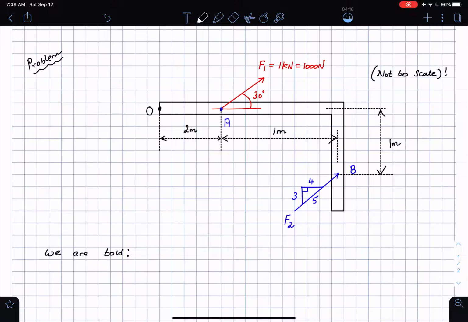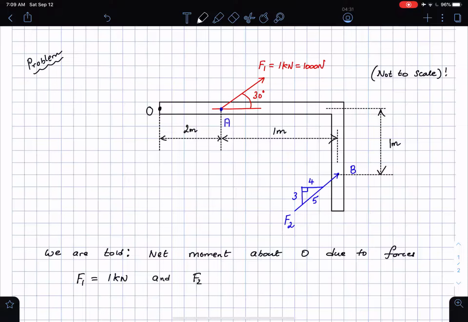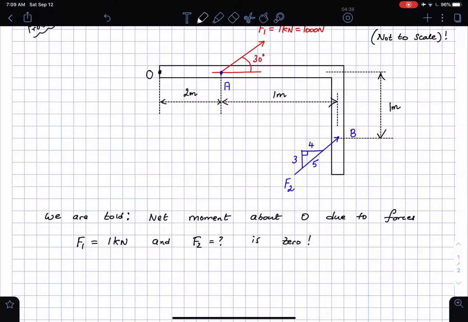Given that the net moment about the point O due to the forces F1, which is 1 kilonewton, and F2, which we don't know, is 0, obtain the force F2 and specify its direction.